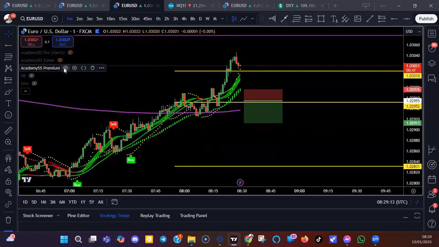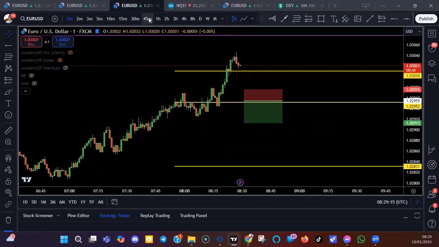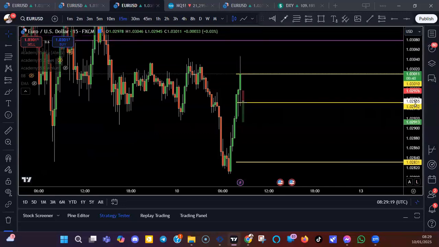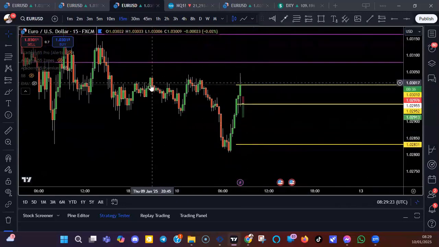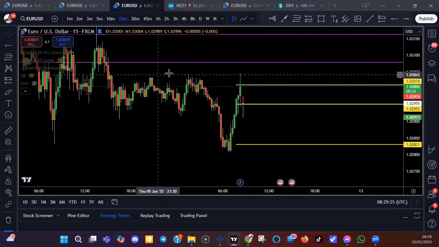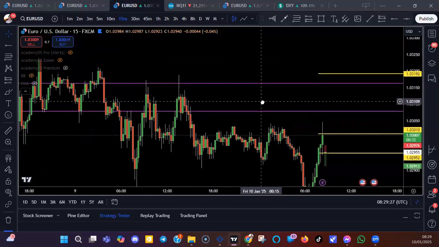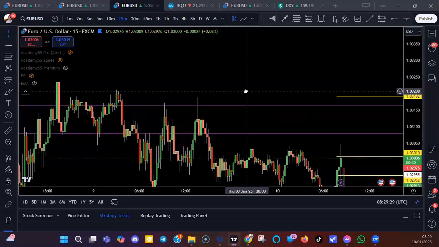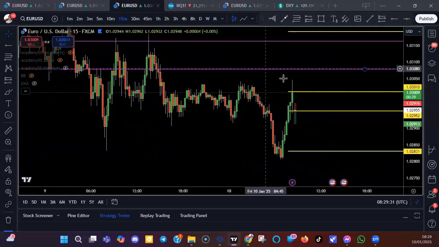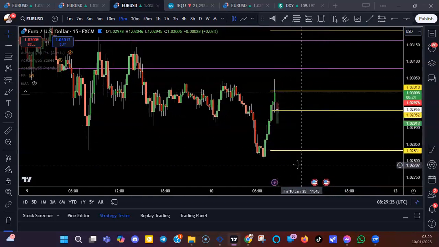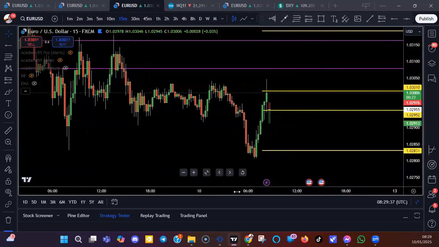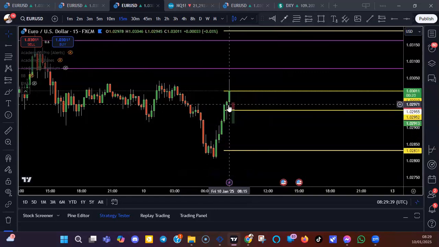But let's have a look at the EUR on the 15-minute time frame. See this area here, a lot of bunching up, but there's no immediate imbalances that need to be redressed. On the 15-minute time frame, big indecision.